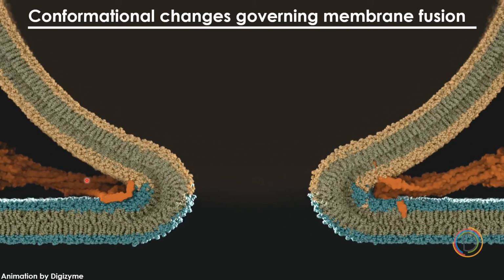So as you saw, the spike completely refolded and the S1 subdomain was removed, and the S2 subdomain went through that major conformational change spanning around 180 angstrom, and the two membranes fuse, and whatever genetic material is in the virus will be released inside the host cell now.